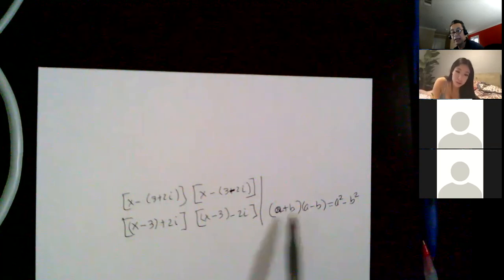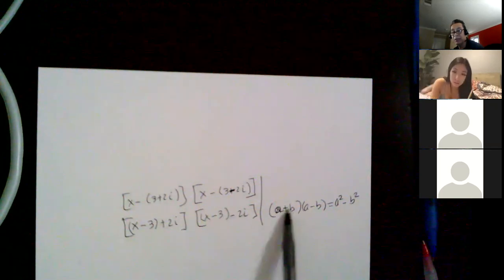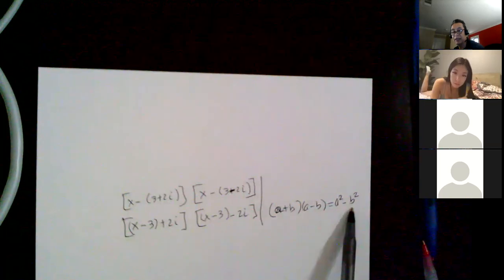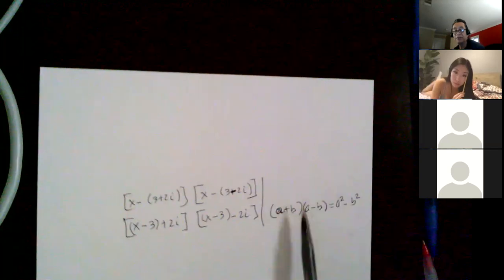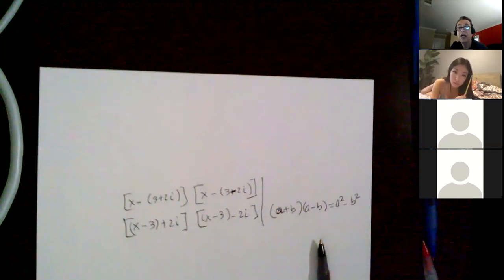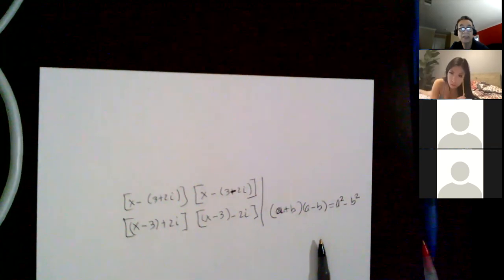Notice that if we look back here, this looks similar to this formula, right? This is A plus B times A minus B, all right?